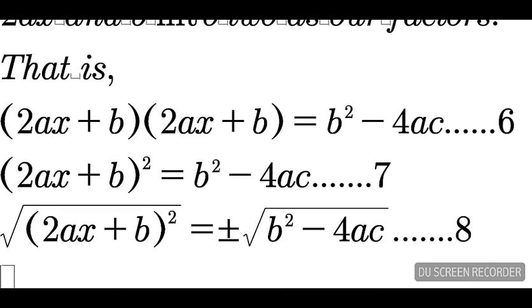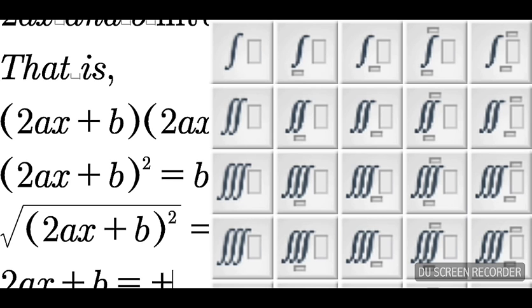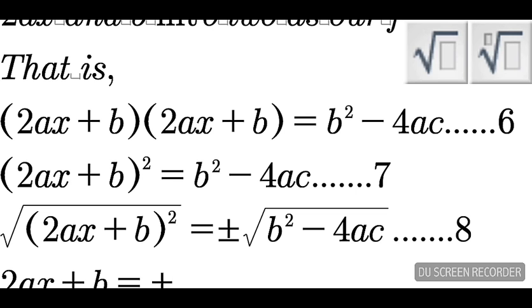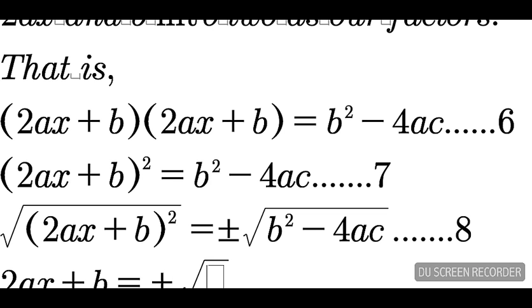Now you know that the square root of 2ax plus b all squared is 2ax plus b, equal to plus or minus the root of b squared minus 4ac.